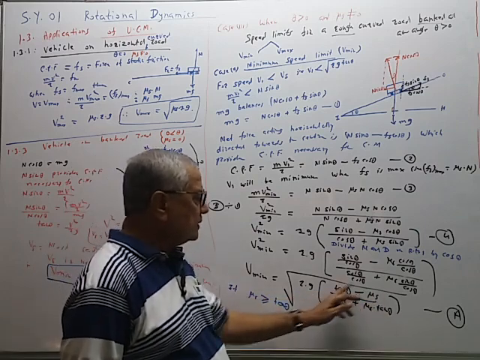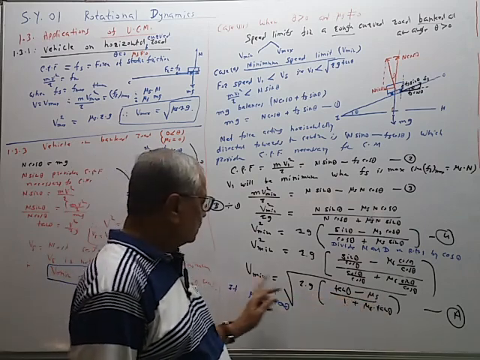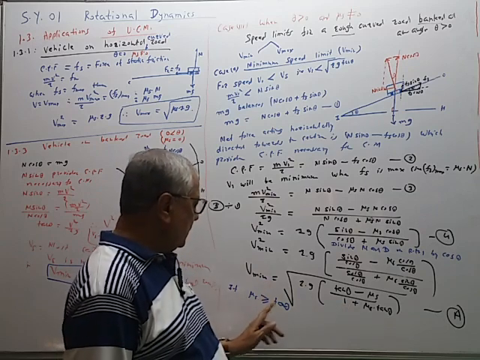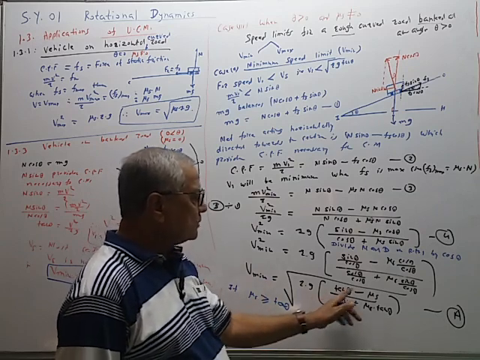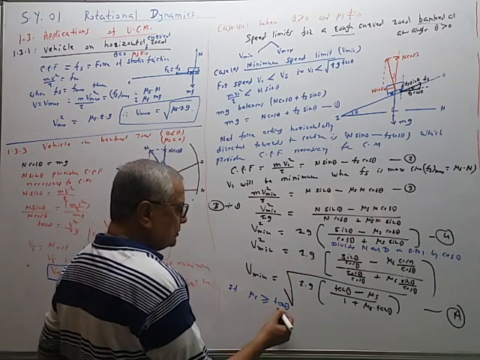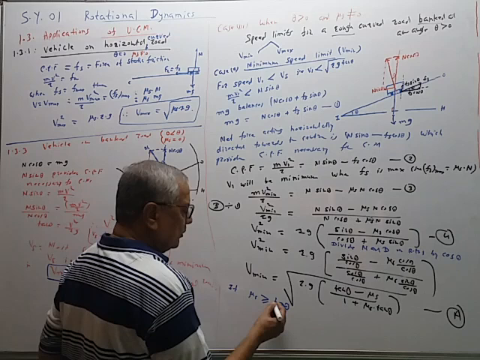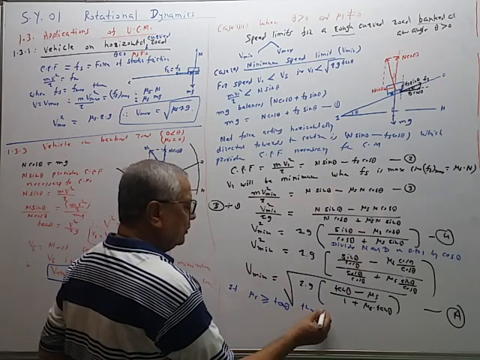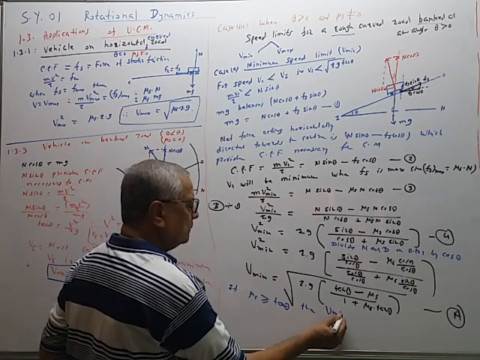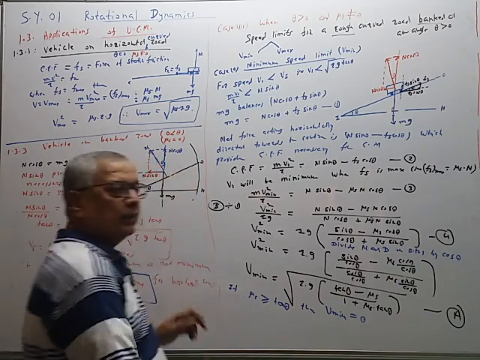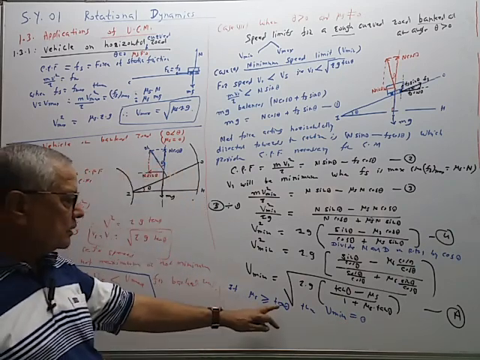If mu s is greater than tan theta, the bracket will become negative, so it will be an imaginary root. Therefore V minimum will be 0. If it is equal, then tan theta minus mu s will become 0. So in both cases, if mu s is greater than or equal to tan theta, then V minimum is equal to 0. So we cannot drive the vehicle. So this is the condition.